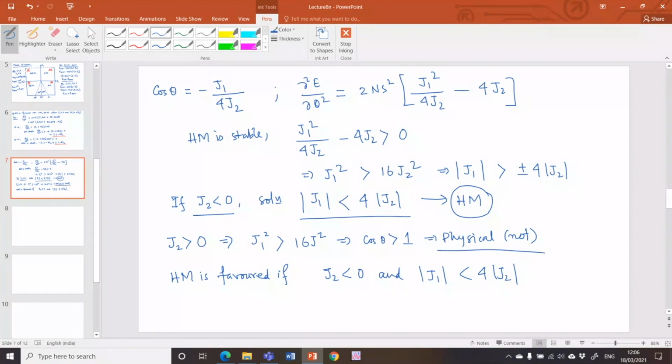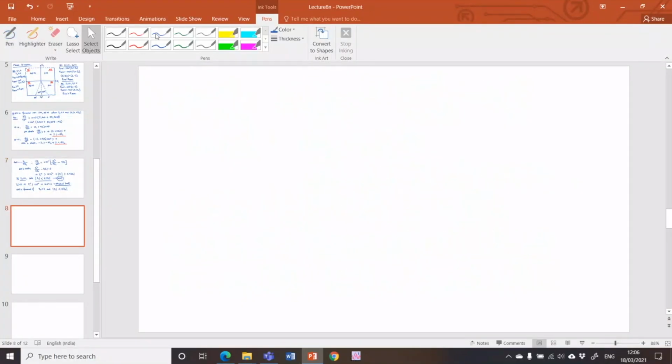Okay, so this is one way of showing this thing, and there is another alternative approach which I said. So here what you can do is that, let's say again we start with the fact that this thing has to be less than 1.